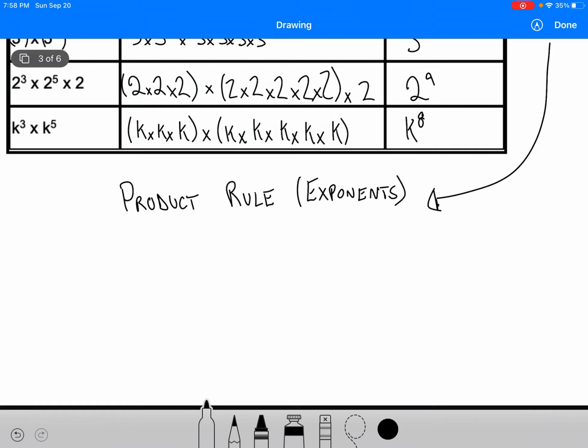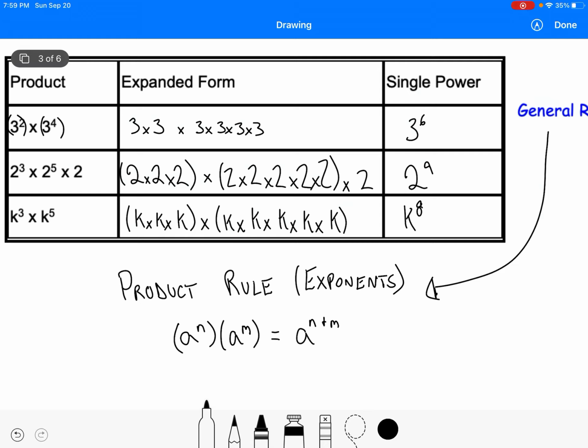But for exponents, when we're dealing with the product and we have the same base, so let's say we have a base of a to the n, if we times that by a to the m, well, the answer is going to be a to the n plus m. If we look back at our example, the first example we had 2 and 4.